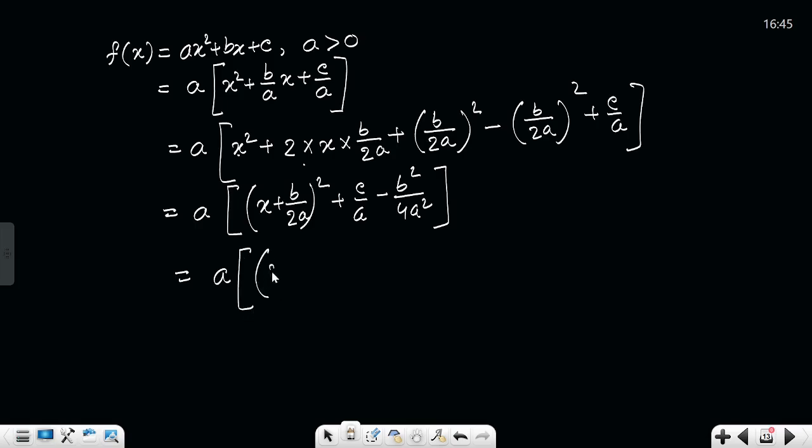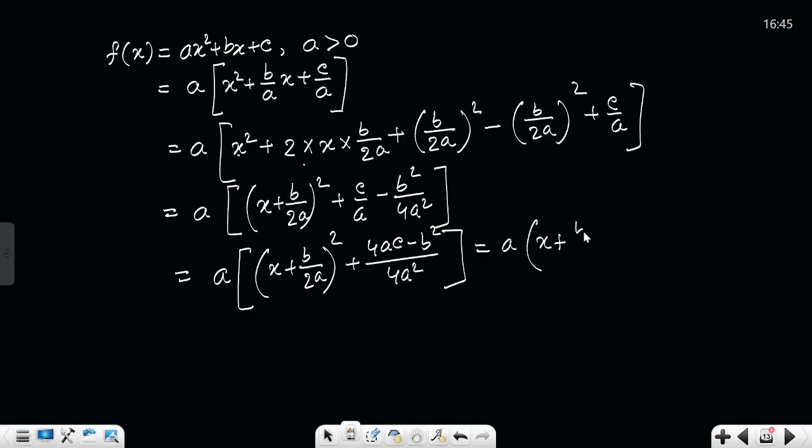If you take the LCM it will be 4a square, and here it will be 4ac minus b square. Now open the bracket. We will get a into x plus b by 2a whole square plus 4ac minus b square by 4a.